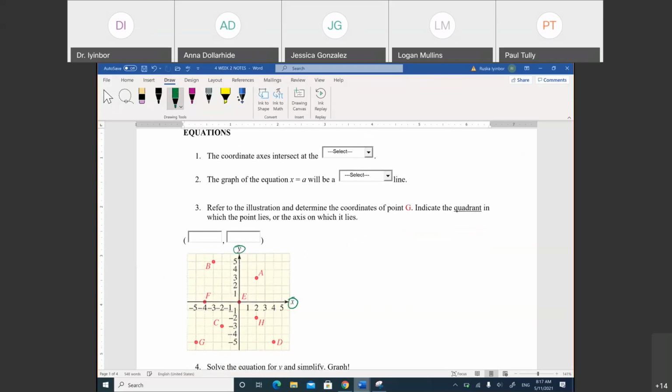The point E, it's called origin. So the x-axis, it's a horizontal line. So this is horizontal. And this is vertical. So they're perpendicular to each other. They cross at this point here, which is called origin.